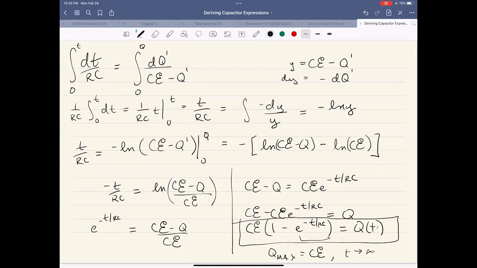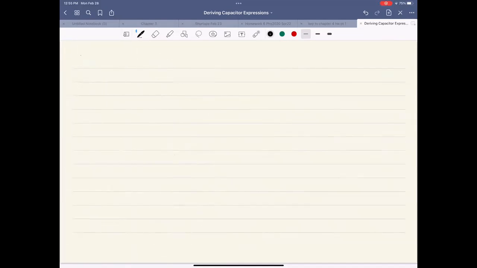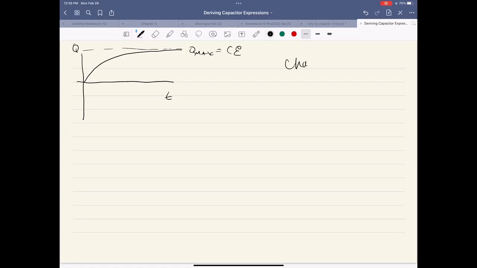So if we were to plot what this looked like, then we would get an increasing exponential. So here's Q versus t, starting out at 0 and going up to Q max, which is equal to C times the battery's EMF. Okay, so it's an increasing exponential function. So that's what's going on with a charging capacitor.